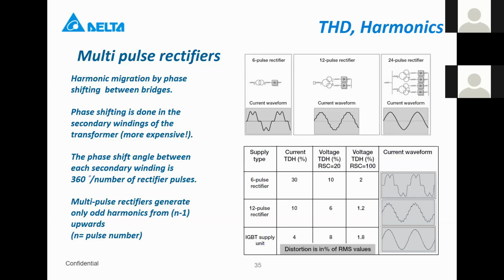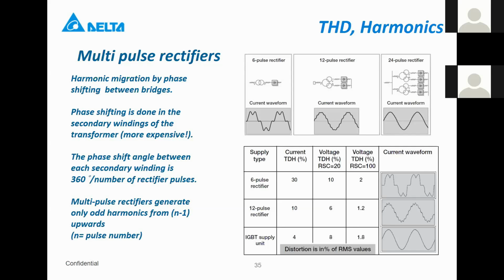If you have a phase shift transformer in the beginning of, for example, 30 degrees for a 12-pulse system, you can reduce the harmonic distortion of the 5th and the 7th harmonic a lot. So that means your THDI goes really down.